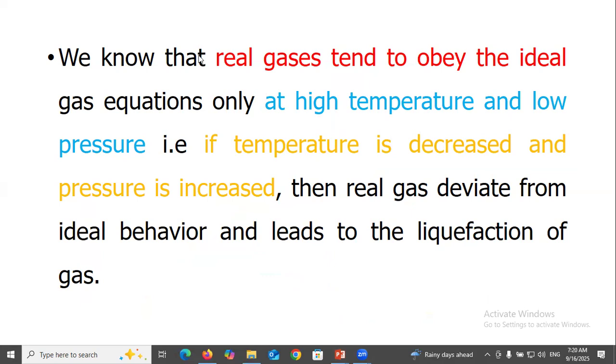We know that real gases tend to obey the ideal gas equation only at high temperature and low pressure.